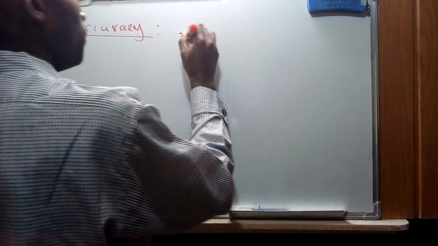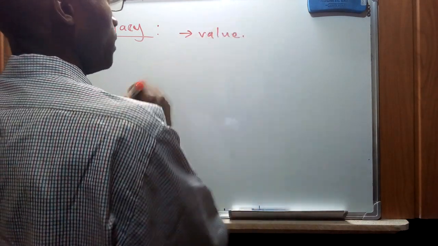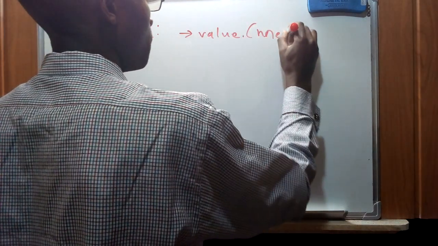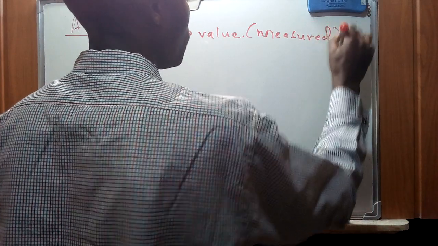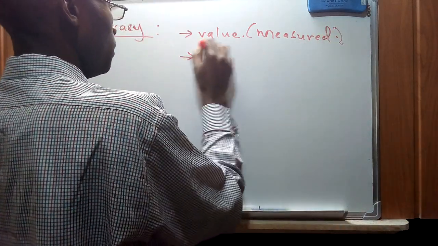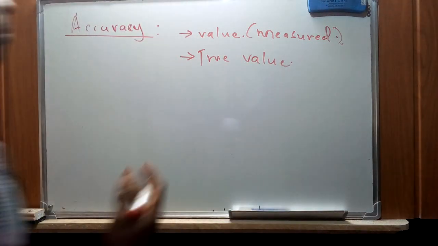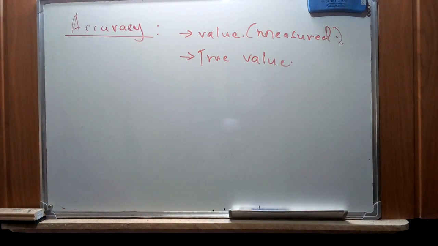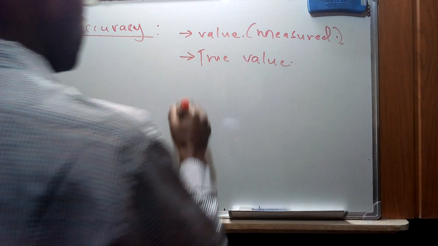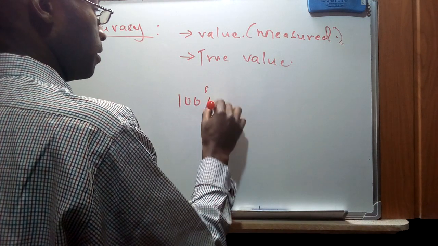So in this case, we have a measured value, and then we have what we call a true value. And whenever we are doing measurements, we cannot attain 100% accuracy.